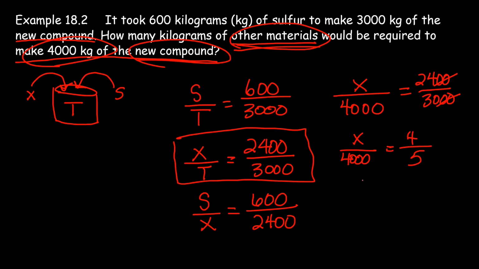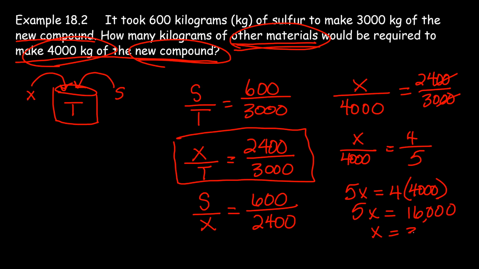Now I'm going to use cross product. 5 times X has to be equal to 4 times 4,000. All right, so 5X is equal to 16,000. And then if I divide both sides by 5, I am going to get 3,200 kilograms of other stuff.